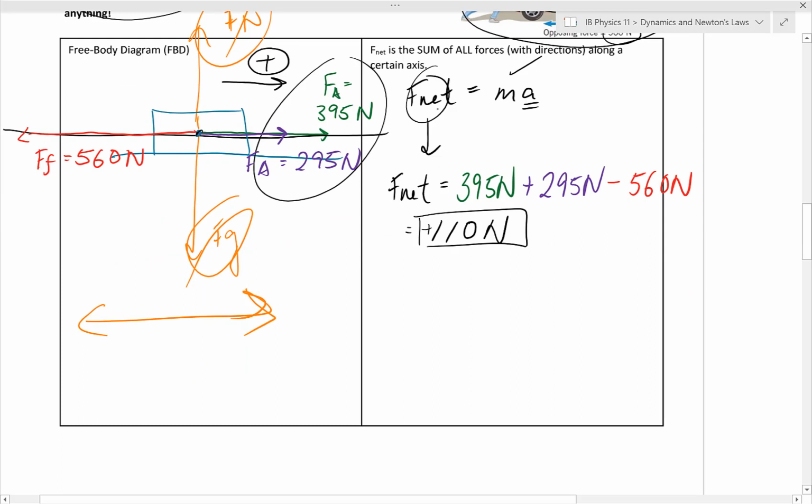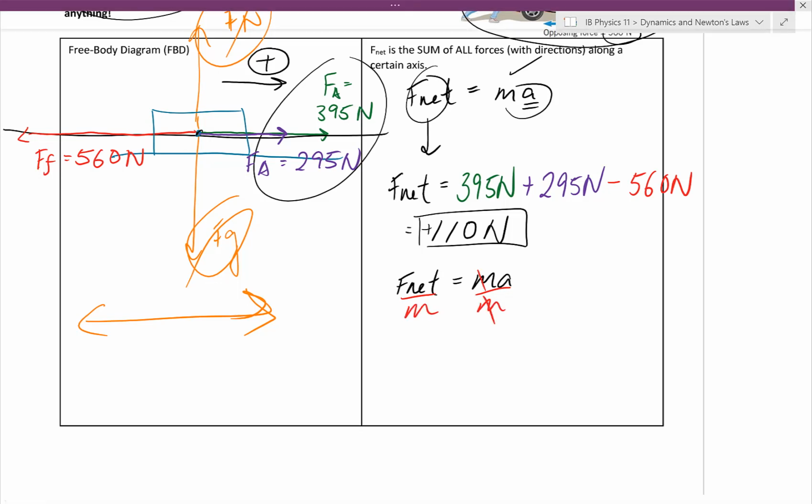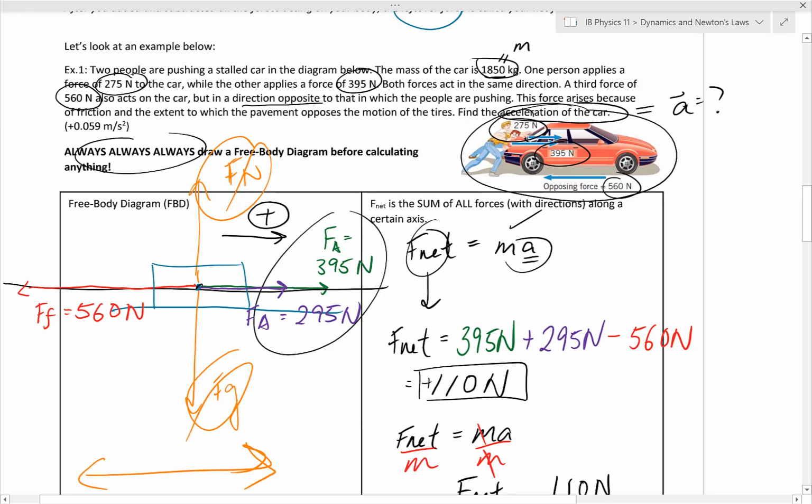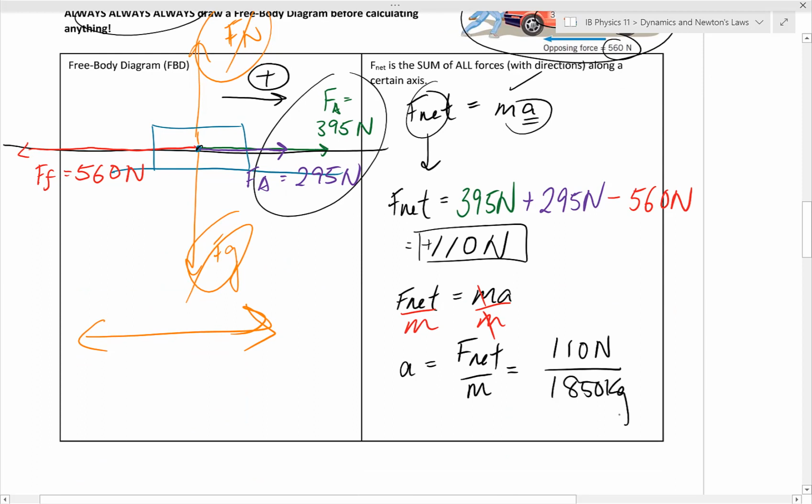So now we have Fnet, we can solve for acceleration. Just to isolate our acceleration, getting it on one side, let's divide both sides by the mass to cancel it out on the one side. So Fnet over the mass is 110 newtons over 1,850 kilograms.